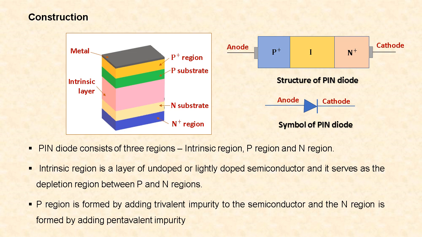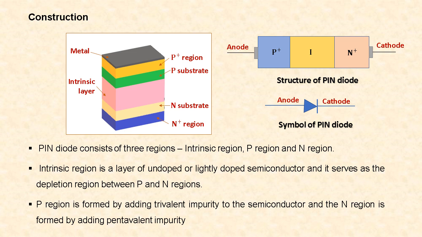The amount of doping and the thickness of the layer can be controlled as per the requirement. In a planar structure, an epitaxial layer is grown onto the substrate material and the P plus region is created either by ion implantation or diffusion.